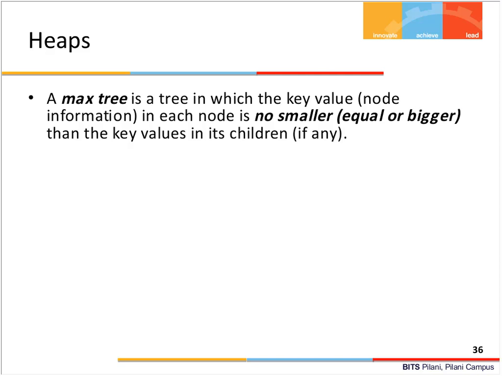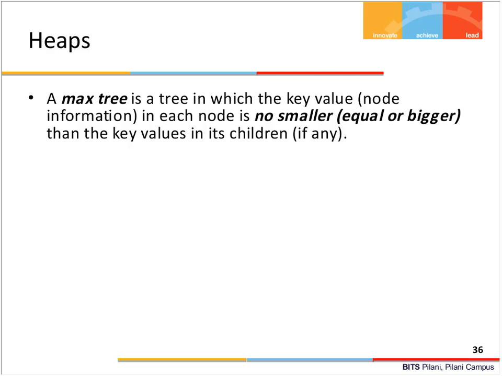First of all, let's say what is a max tree. Please don't get confused that I'm talking about a binary tree, then about heap, and then about max tree. These definitions are actually interjoined, so please bear with me. A max tree is a tree in which the key value in each node is no smaller than the key value in its children.